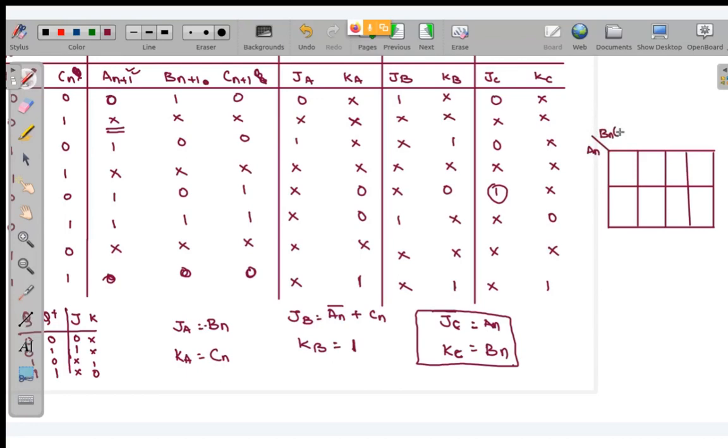AN, BN, CN: 0 0 0 1 1 1 1 0 0 1. So this is 0 1 3 2 4 5 7 6. Cells 0 to 4 are don't care, fifth is 0, sixth is again don't care, seventh is 1. Okay, fine. So where is the problem? Piyush, where is the problem?